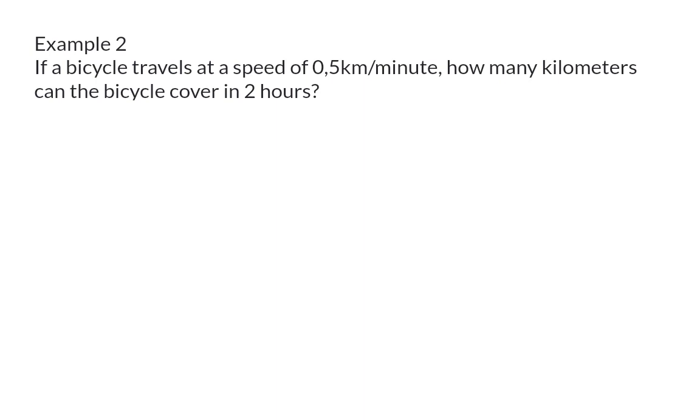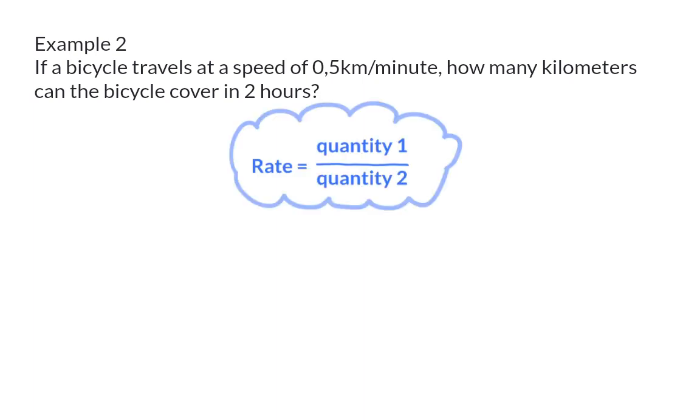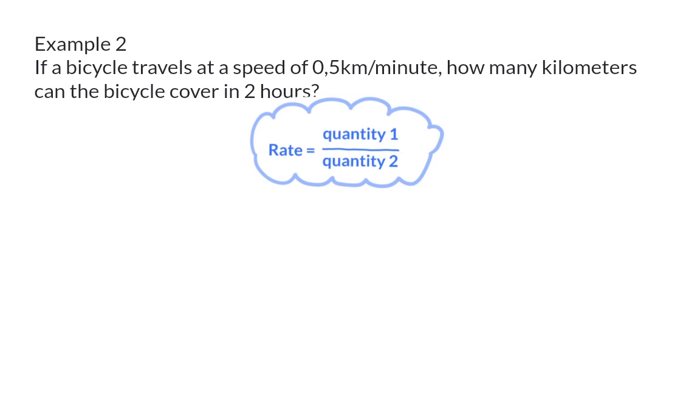Example 2. If a bicycle travels at a speed of 0.5 kilometers per minute, how many kilometers can the bicycle cover in 2 hours? In this example, the rate is given as speed of 0.5 kilometers per minute. That means our quantity 1 will be in kilometers and our quantity 2 will be in minutes.